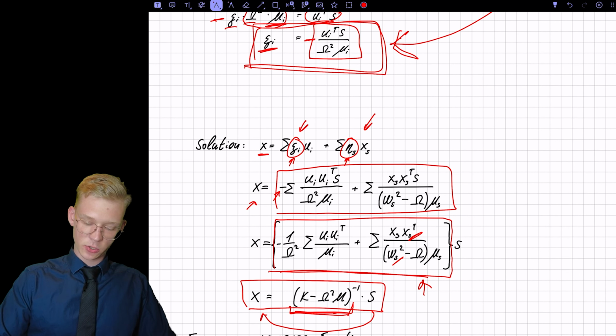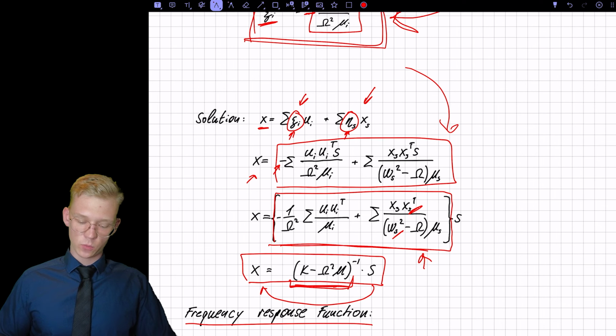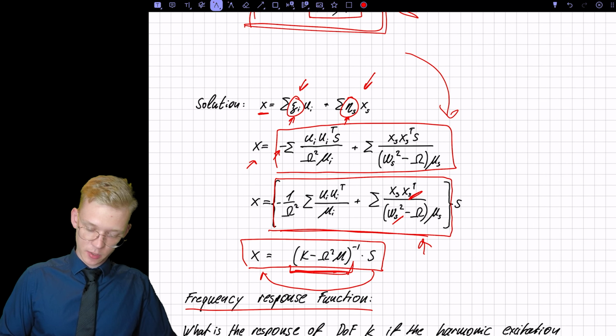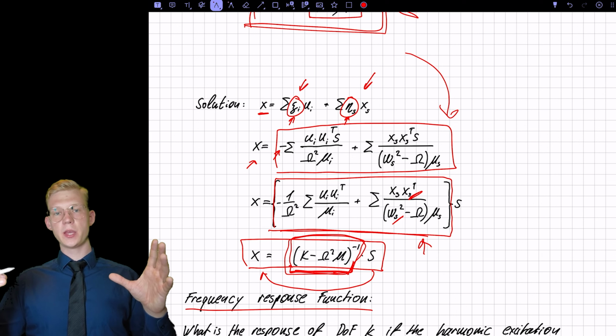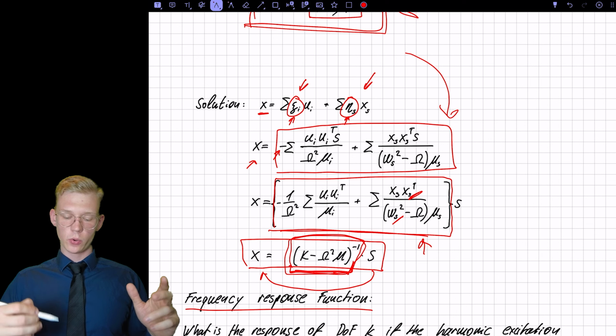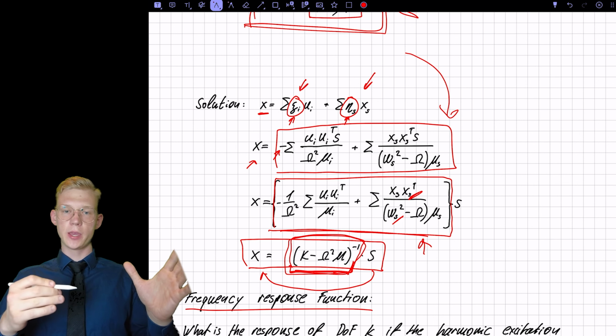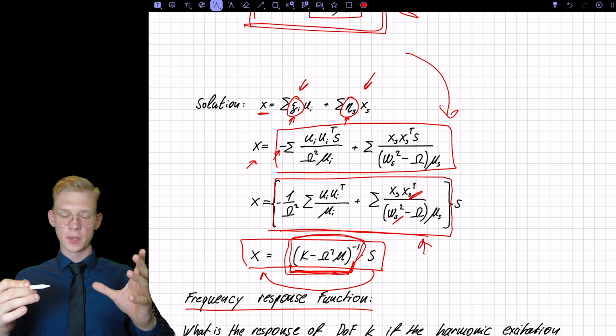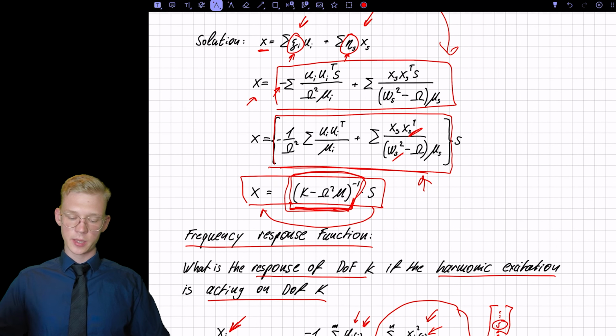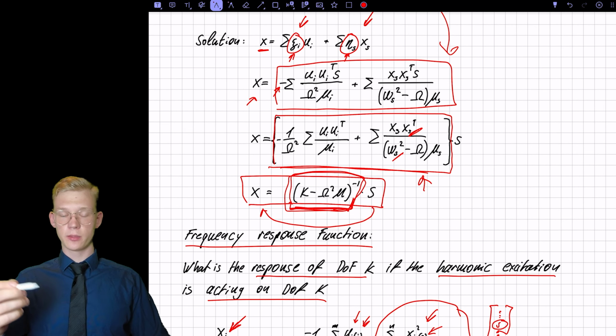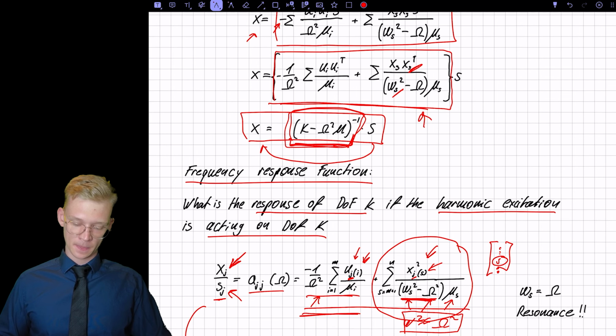Then we insert it into our solution, and what we get is a function that can help us to invert these large matrices that we had before. So instead of inverting a 100 by 100 system, we just have 100 eigenmodes that we just stack together, and this will be way easier than iteratively inverting the matrix.